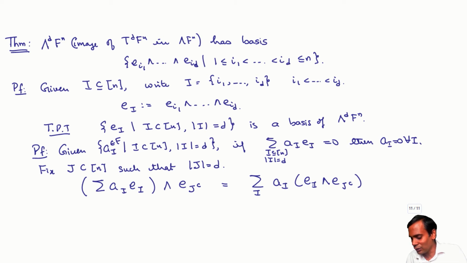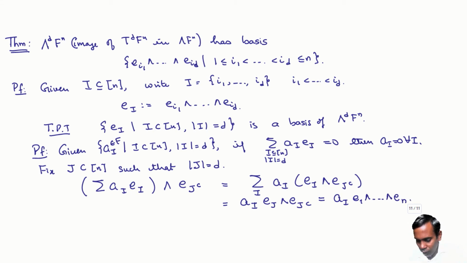So if I is not equal to J, then I has an element in common with J complement, and so E_I wedge E_J complement will be 0 except when I is equal to J. So all the terms die out except a_J E_J wedge E_J complement. And by sorting out these elements, we can say that this is the same as a_J E_1 wedge E_n.